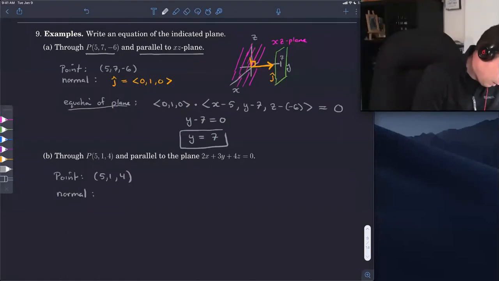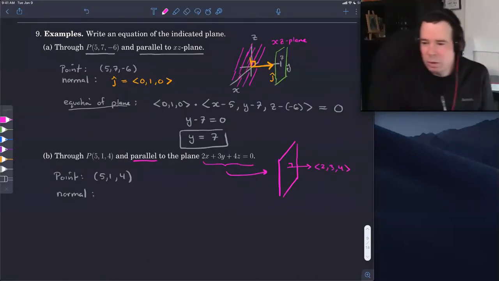So the idea is we know it's parallel to this plane. So the plane that we're given, maybe it looks like this. I'll just draw a plane in space. Maybe the plane we're given looks like this. And so its normal vector, which we can read off of it, would be (2, 3, 4).